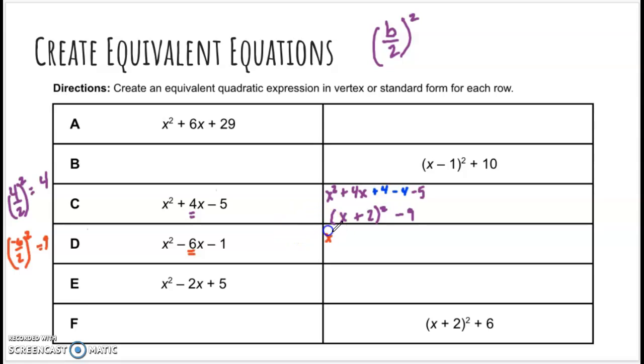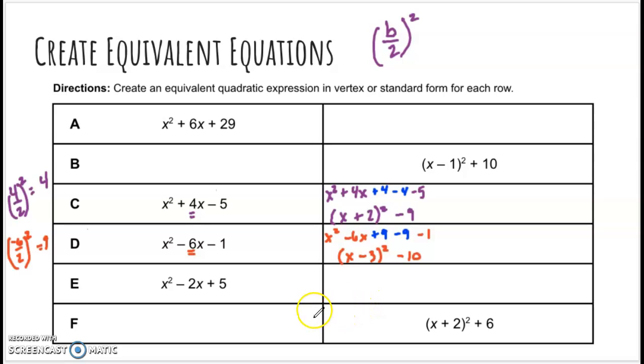So I have x squared minus 6x plus 9 minus 9, because I'm really just adding 0 in a really fancy way, and then minus 1. Remember, the first 3 terms make that perfect square trinomial, so you can factor it easily as x minus 3 squared, and then negative 9 minus 1 is just minus 10.